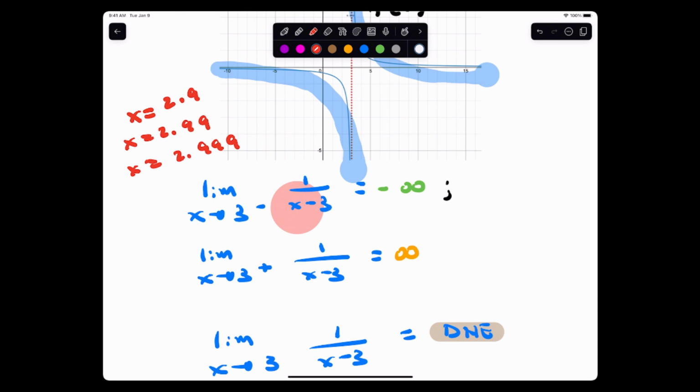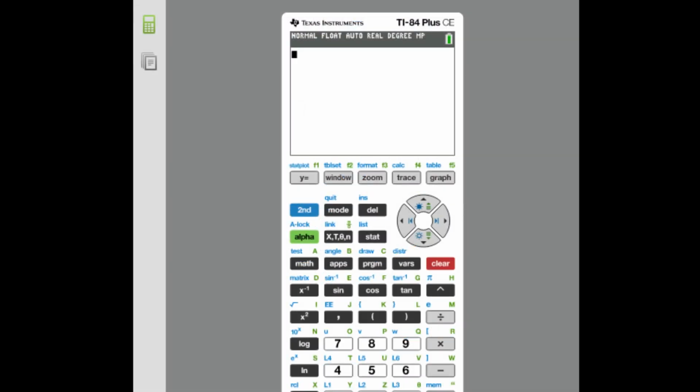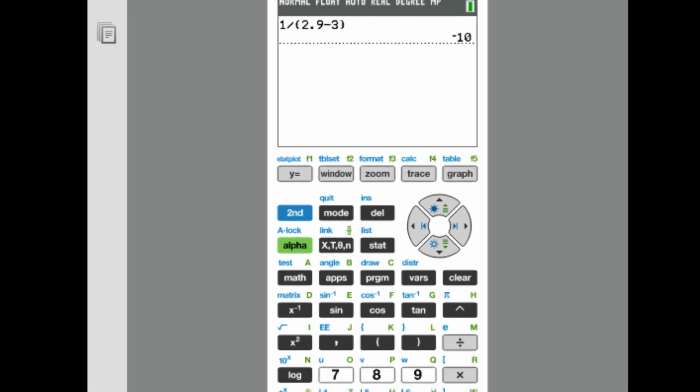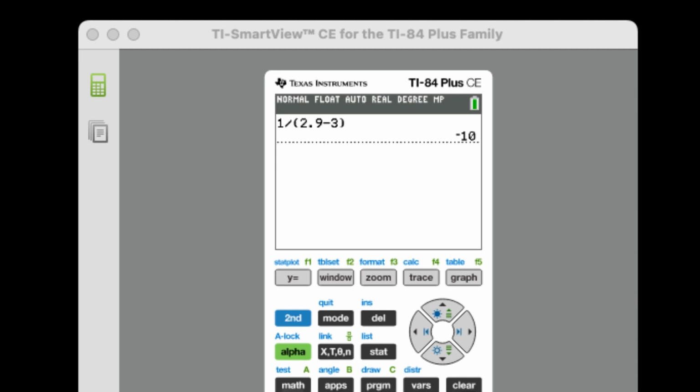So the book even tells you, hey, use your calculator. You're going to say 1 divided by, plug in 2.9 now for x, minus 3, close that up, and what do you end up with? I get this number, negative 10. Okay. But get closer now. 1 divided by 2.99 minus 3.